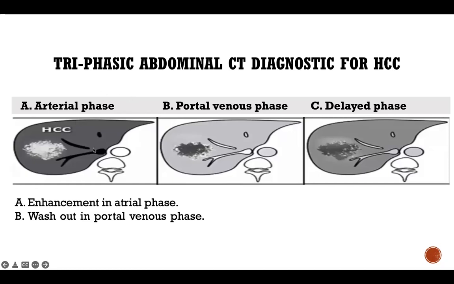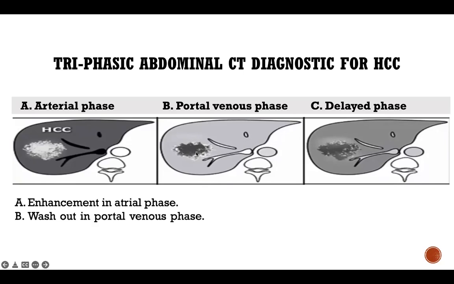For hepatocellular carcinoma, the origin of the cancer is arterial. That means it takes the contrast during the arterial phase. You see the whitish color of the cancer. During the portal phase, the liver, usually 70% of the liver, takes the blood supply during the portal venous phase.